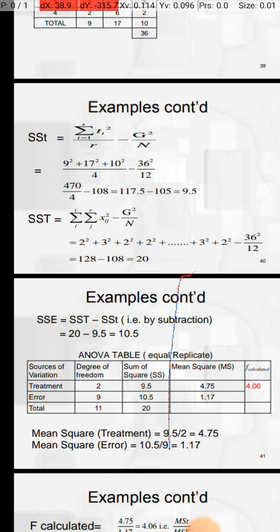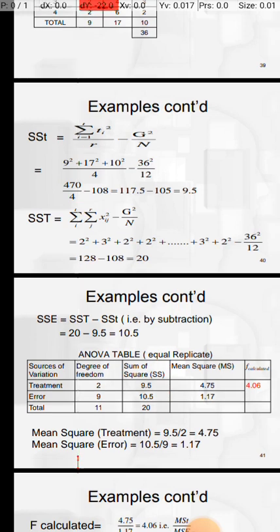So now one thing I would like you to notice is that what you actually have problem with is getting your treatment and getting your total. Are you getting it? So if you can get your treatment and your total, the error is not the problem. It's actually very easy to find. So let's go.